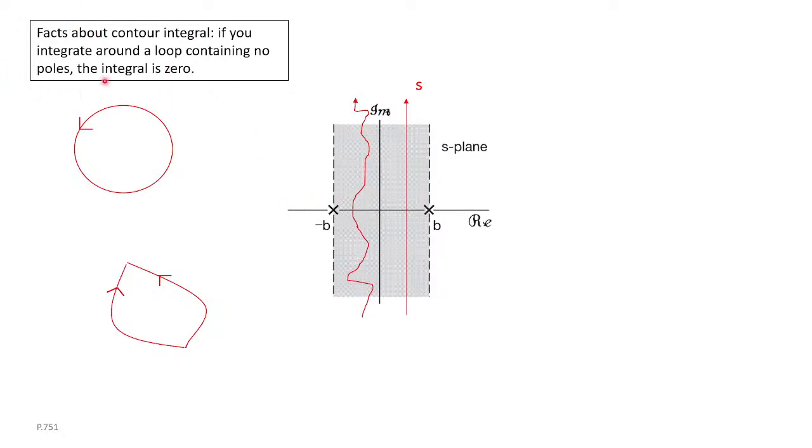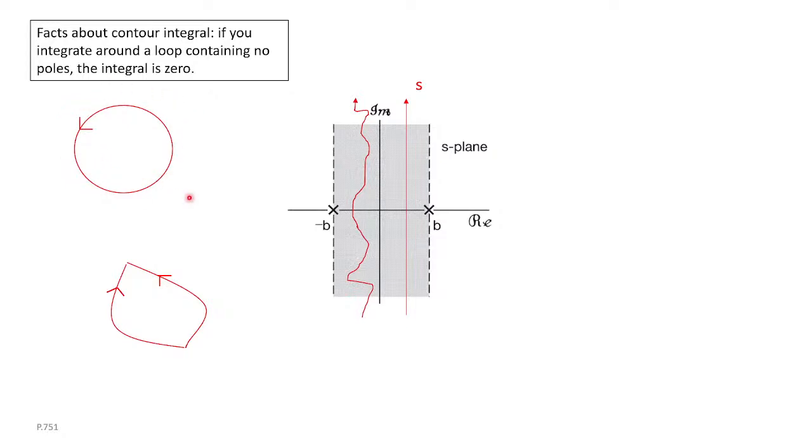And when we do this contour integral, a lot of the time you want to integrate around some loop. And a very good theorem about this is that if you integrate around a loop, and if that loop contains no singularity inside, so basically no poles, if we are talking about rational functions, then this integral will be 0.